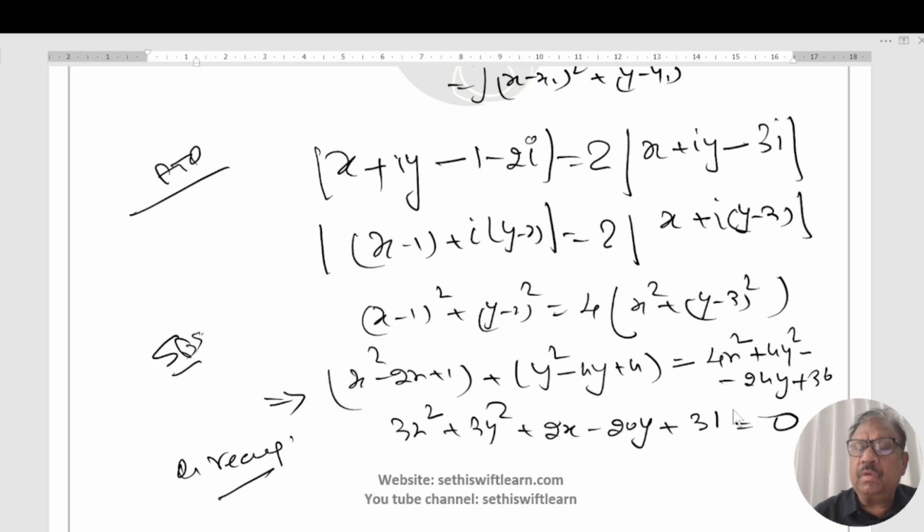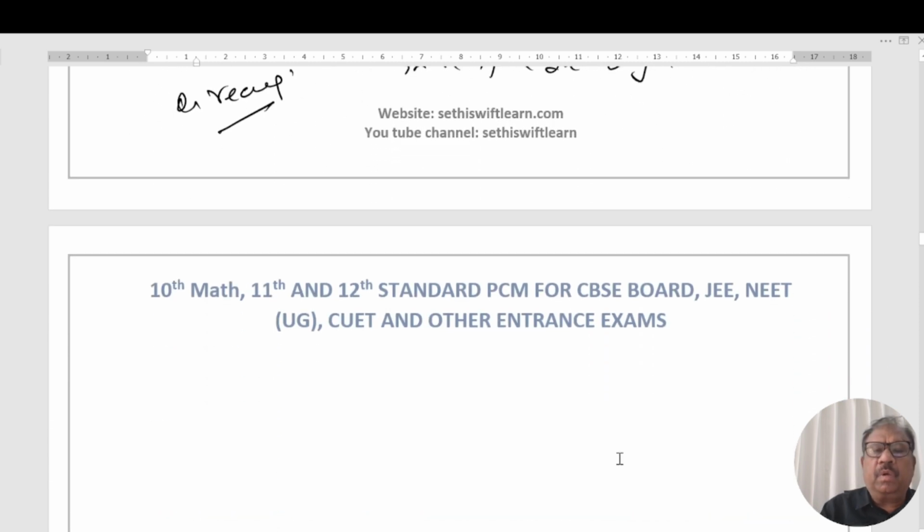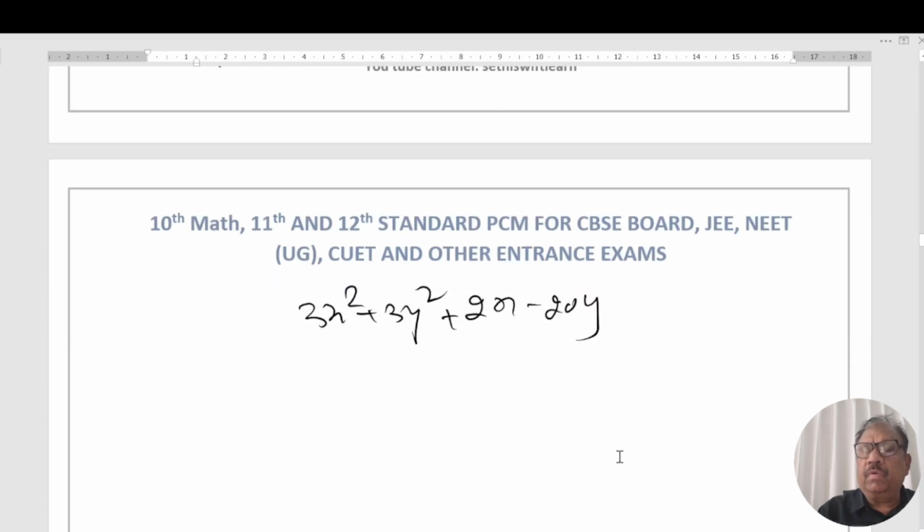Further on simplification, 3x square plus 3y square plus 2x minus 20y plus 31 equal to 0.